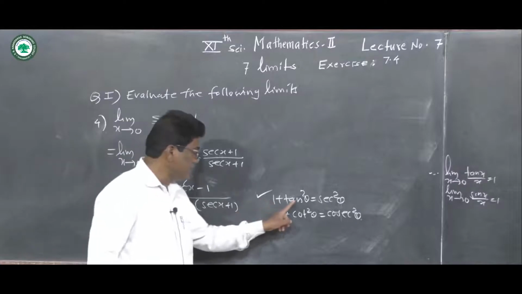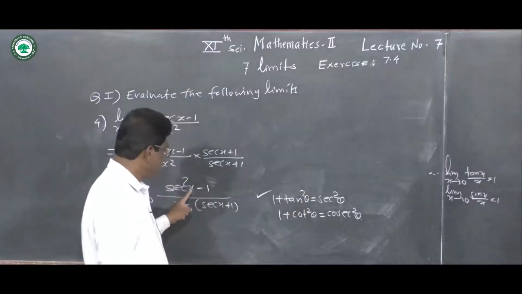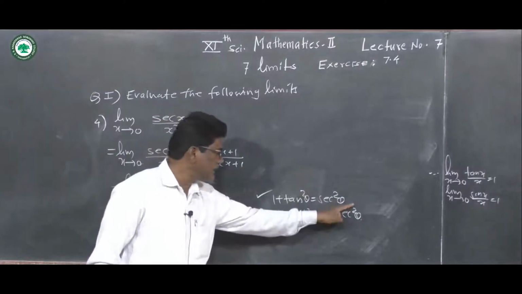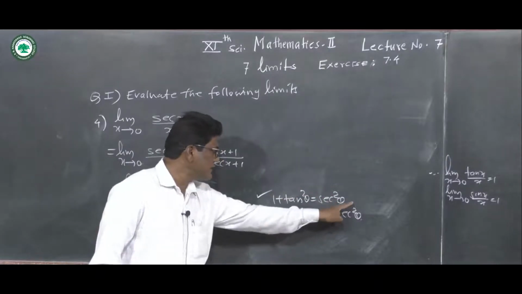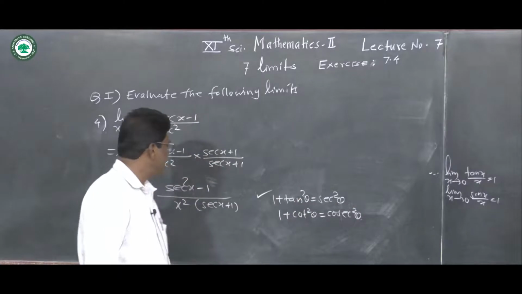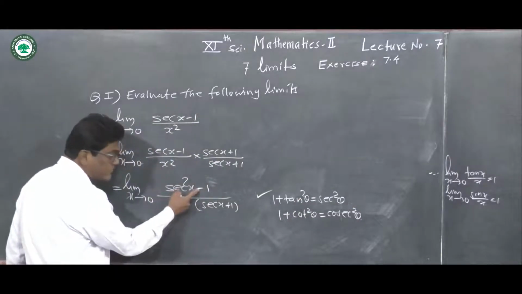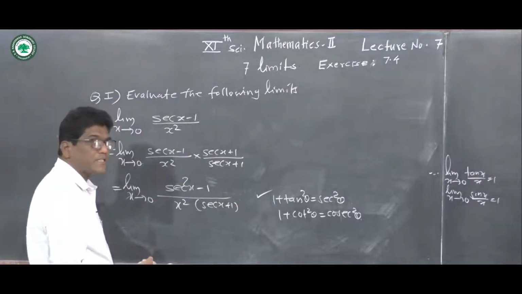Now carry this 1 to the right hand side, this plus 1 becomes minus 1, so sec square theta minus 1 is equal to tan square theta. So sec square x minus 1 is tan square x.